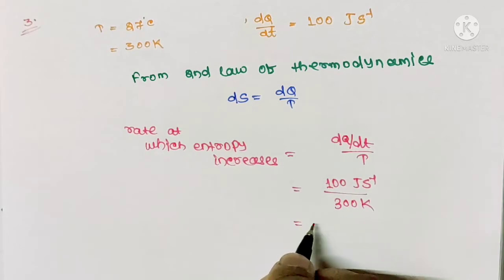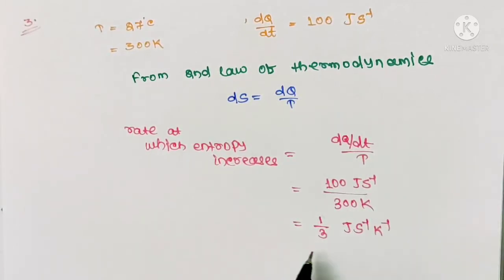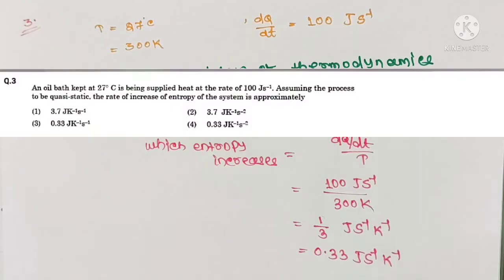So it is 1 by 3 joule second inverse Kelvin inverse, that is 0.33 joule second inverse Kelvin inverse. So your correct option is option 3.